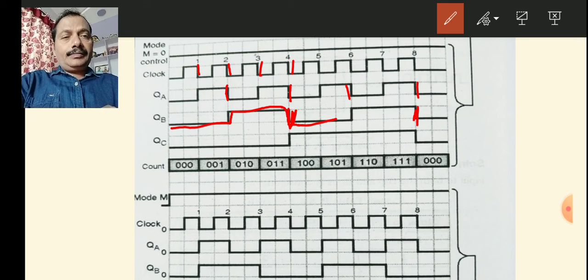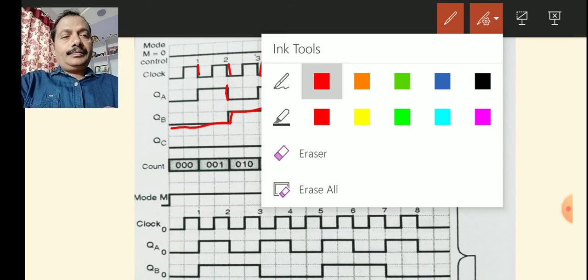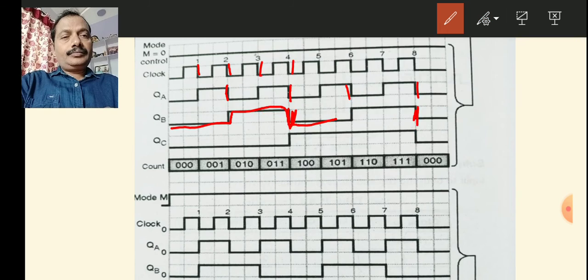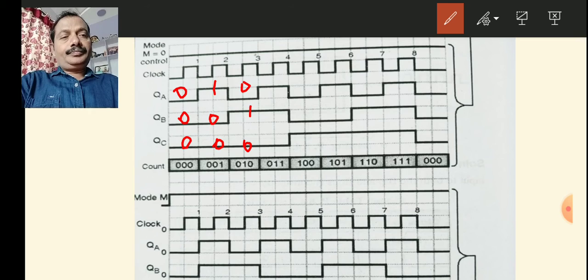So this is the counting, and observe how the count is done. 0 0 0, then 1 0 0, 0 1 0, 1 1 0, 0 0 1, and 1 0 1.